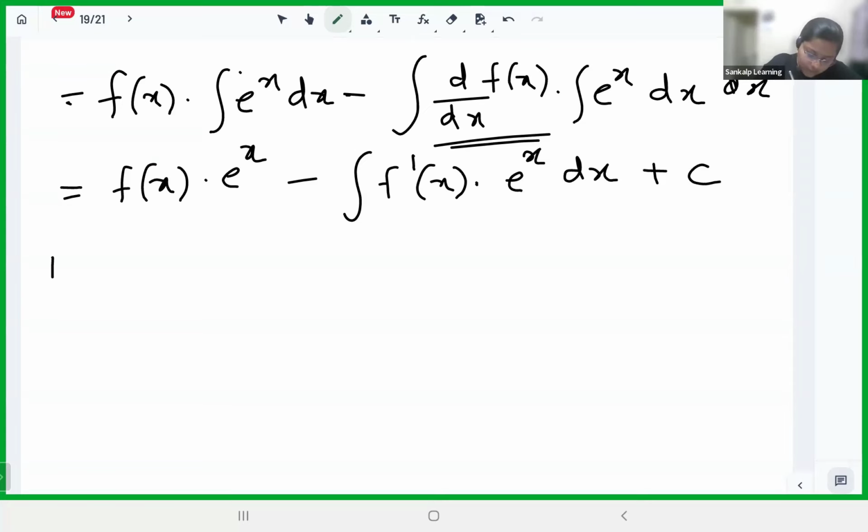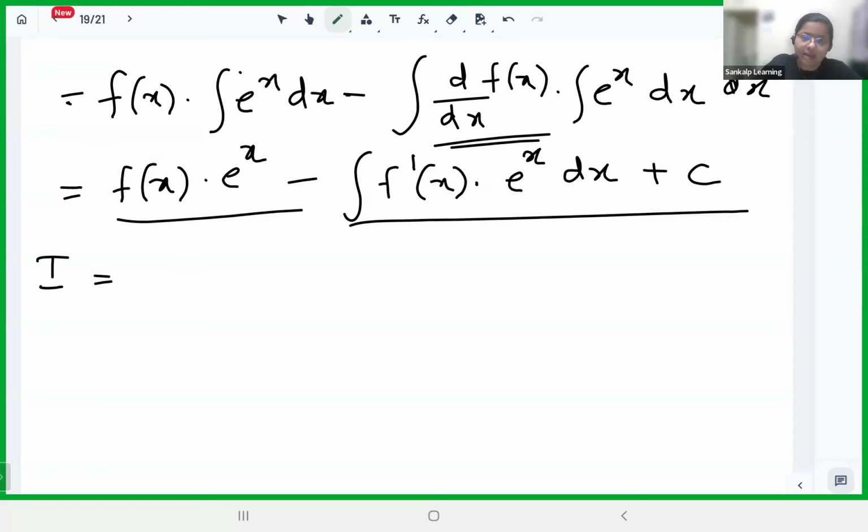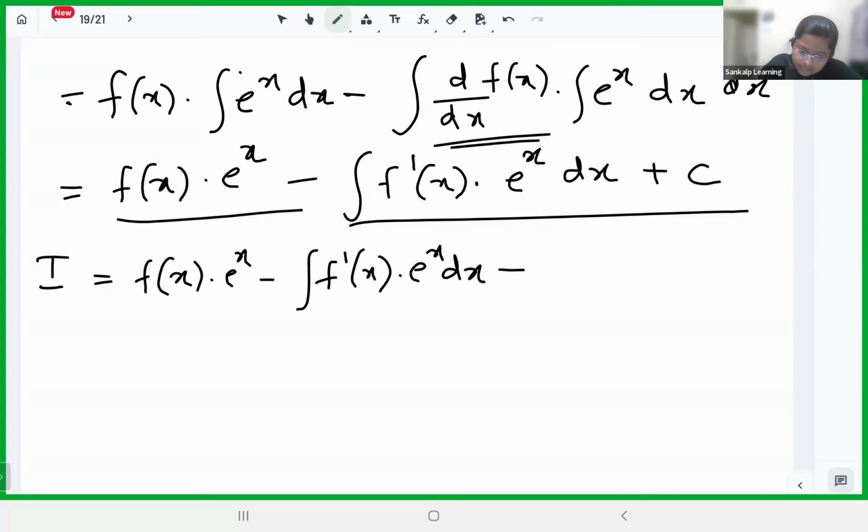Now what I'm going to do is consider I and put this one over there: I1 plus integral e raised to x into f dash of x dx. So I'm going to make the substitution: f of x into e raised to x minus integral f dash of x into e raised to x dx plus c, plus the second term, integral e raised to x into f dash of x dx.